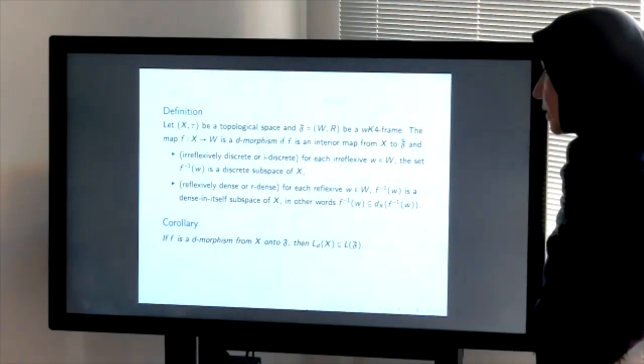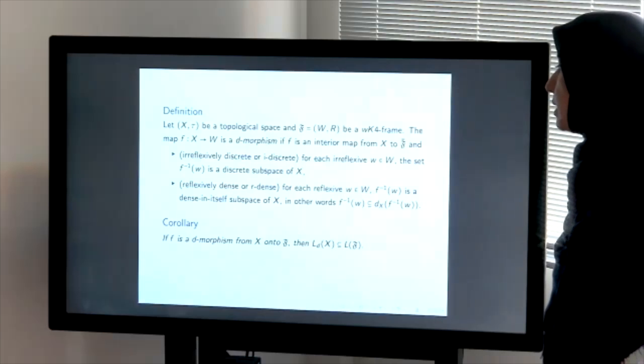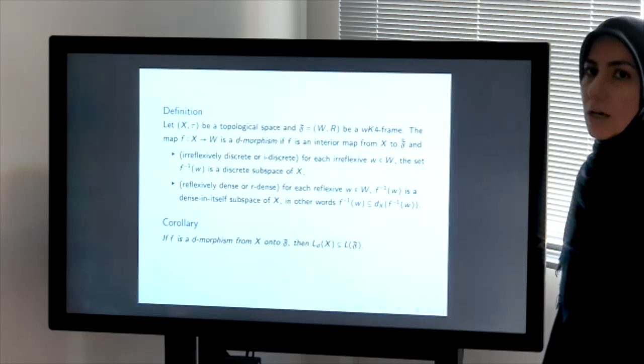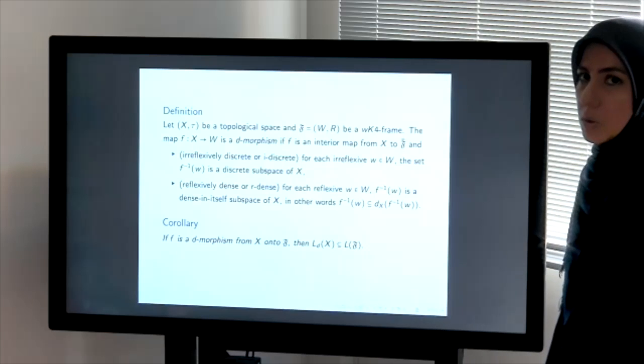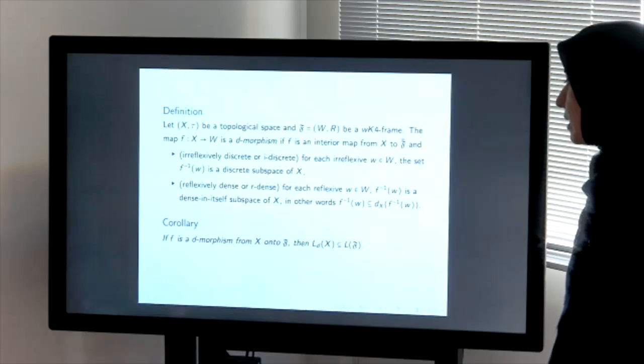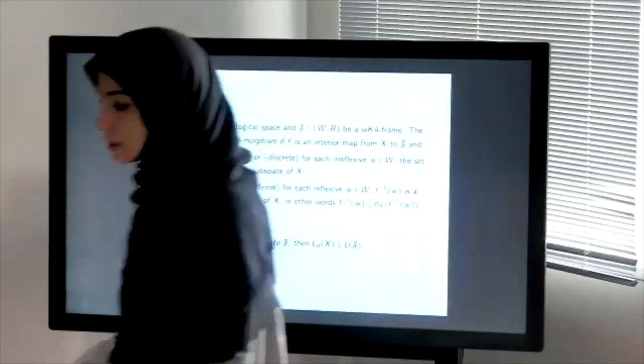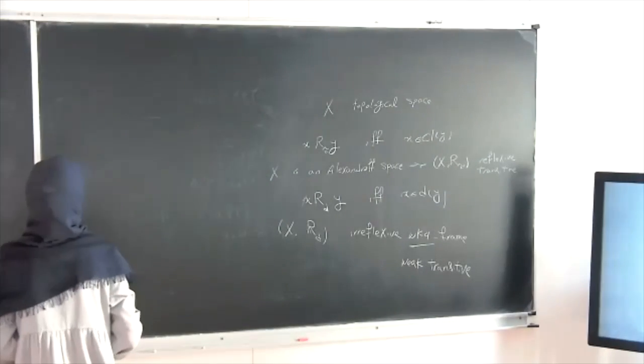Then we can prove that if f is a d-morphism from X to F, which is a surjective d-map from X to F, then L_D of X is a subset of L of F, which means that again I can write this corollary in this way.